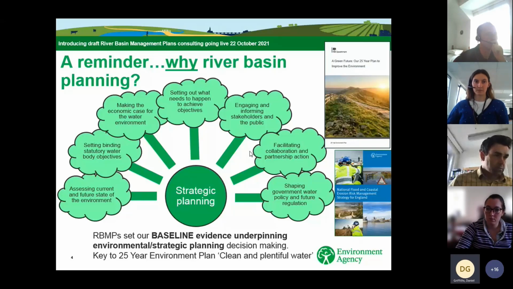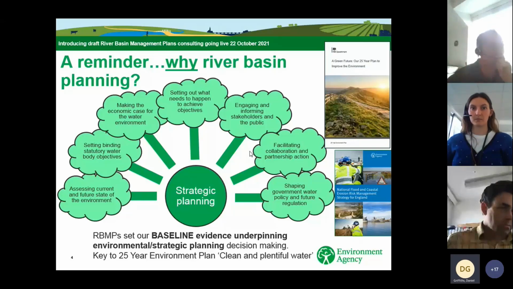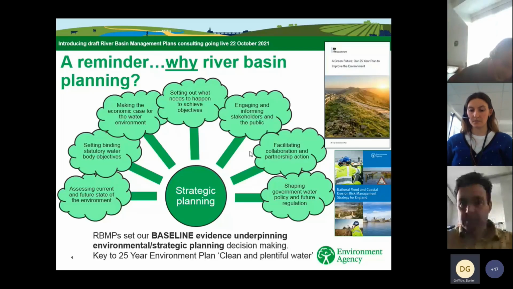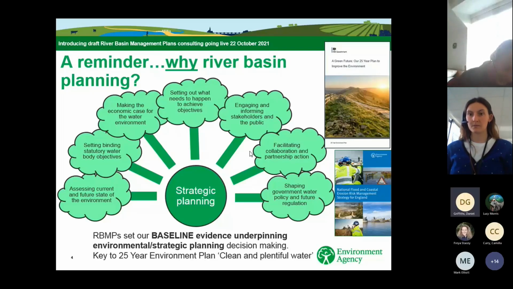The plan includes a number of aspects. We've got legally binding objectives for improvement, environmental standards for water bodies that they're assessed against, and a number of actions to deliver improvements. The overall aim of this updated document is to deliver against the 25-year environment plan target of clean and plentiful water.